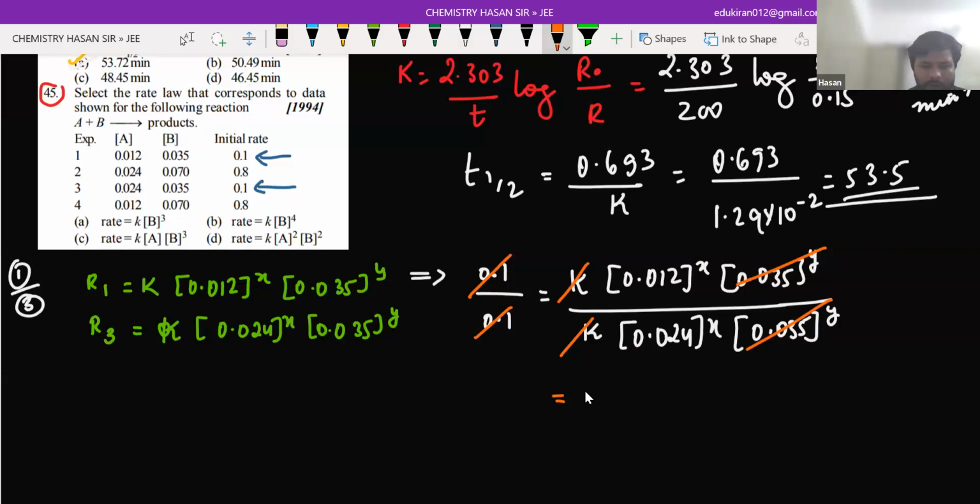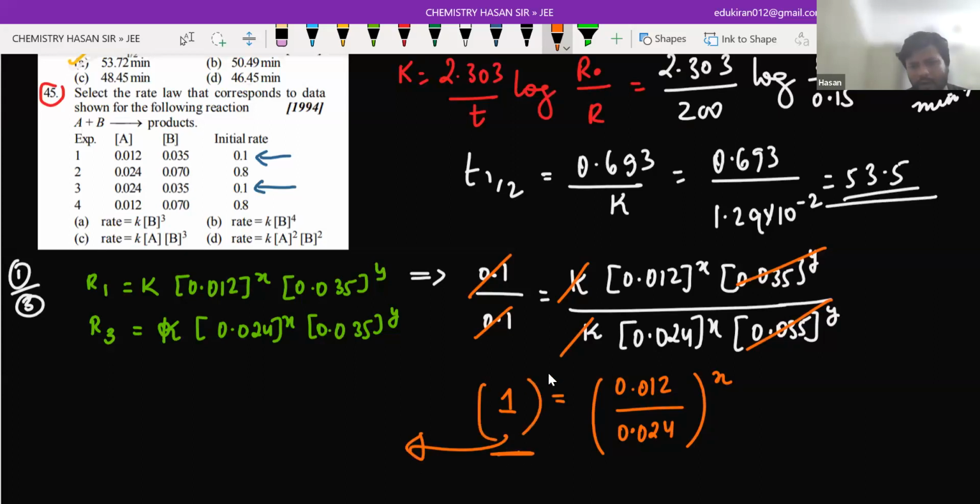And here you can see what I can write is very simple: 0.012 upon 0.024 raised to the power x will be equal to 1. Since the bases should be equal in order to equate the powers, you can write it like 1 by 2, right?